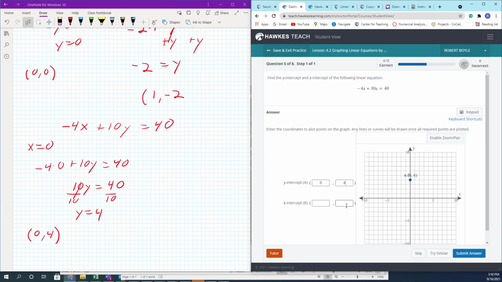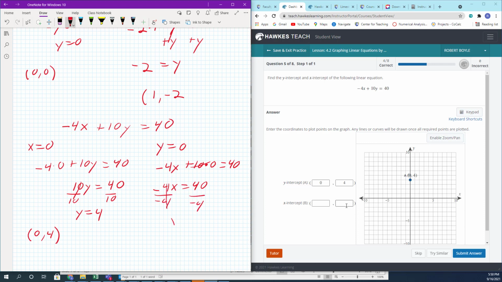Okay, and there it is. Now for the x-intercept, we will let y be equal to 0. And that will give us -4x plus 10 times 0 is equal to 40. Of course, that's just nothing. This is 0 right here, so we just have -4x is equal to 40. I can divide both sides by -4.